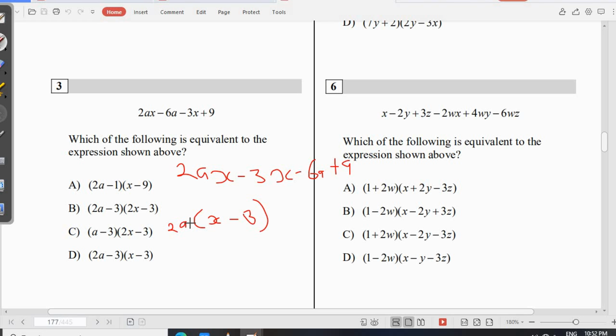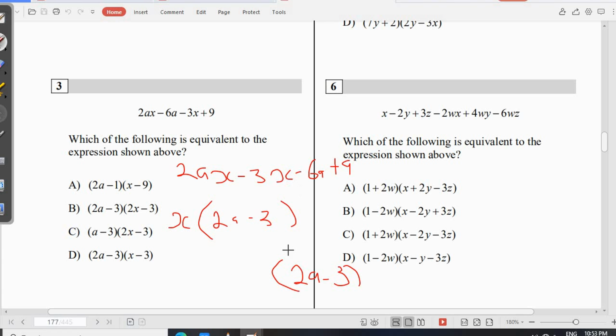I'm going to put 2a minus 3 at the other side too.